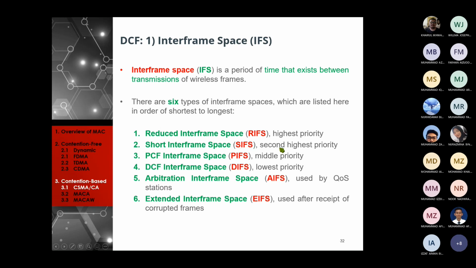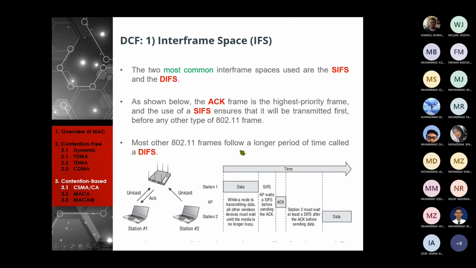So this is second highest priority. PCF, DIFS, arbitration interframe space. Yang ni used by QoS station, and then ada extended interframe space EIFS used after receipt of corrupted frames. So the two most common interframe space used are the SIFS and DIFS.